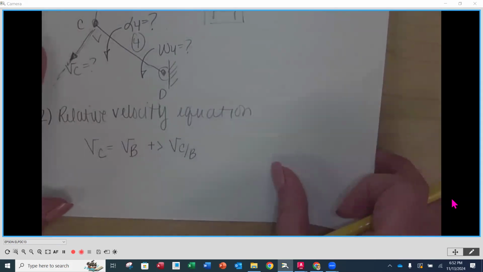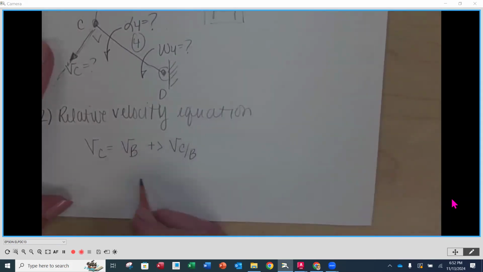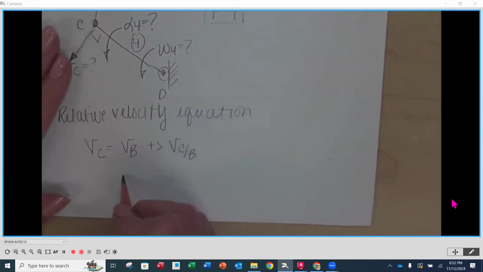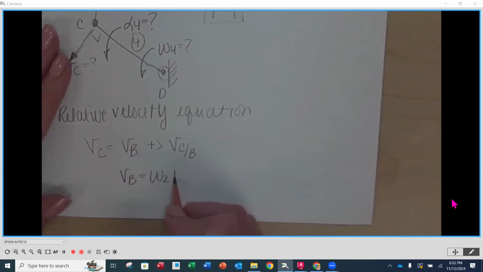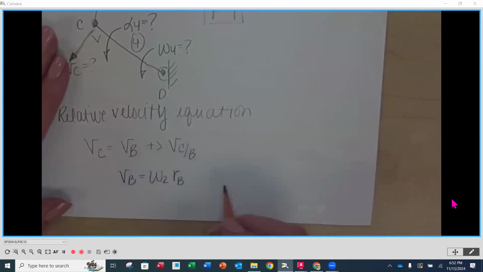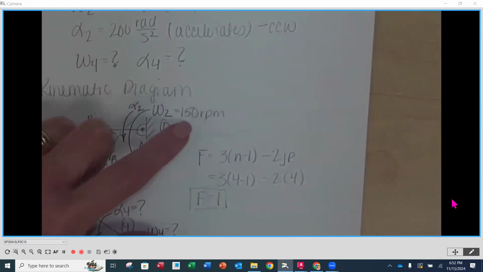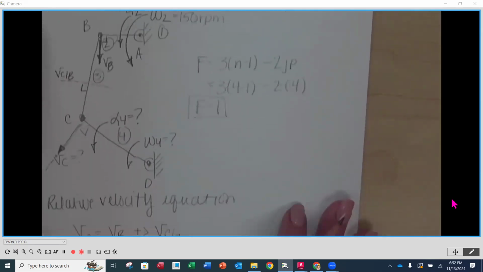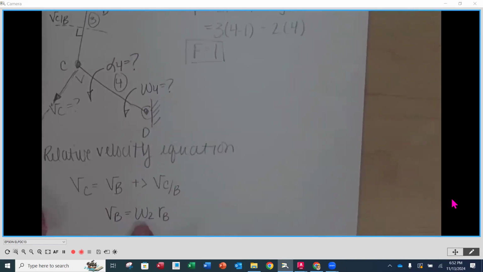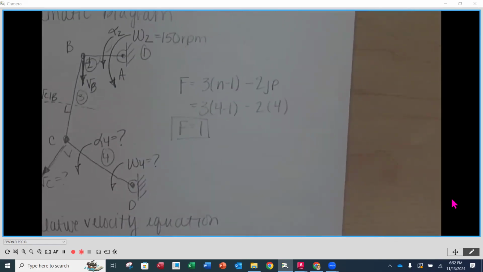So our velocity of B, magnitude-wise, is going to be equal to W2 times the radius of rotation to point B. Okay. We know W2 is 150 RPMs, but we can't use that in that equation. So we need to convert our 150 RPMs to radians per second.